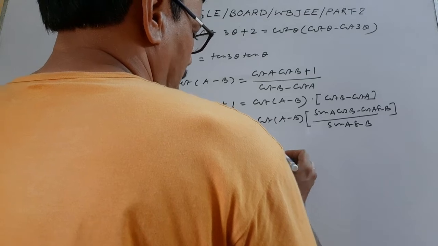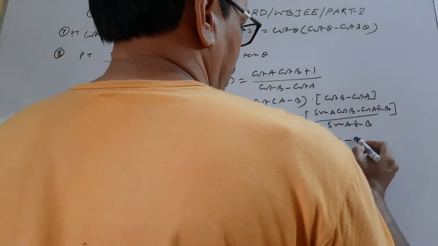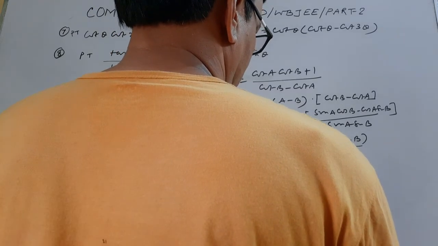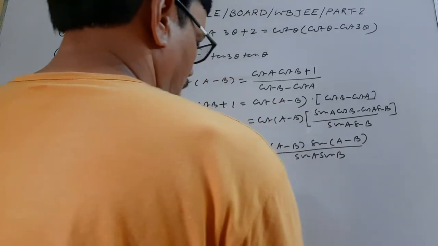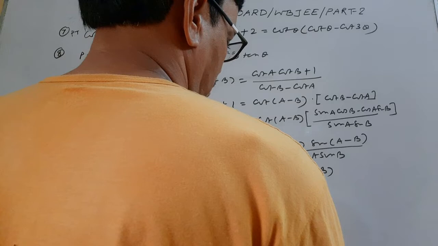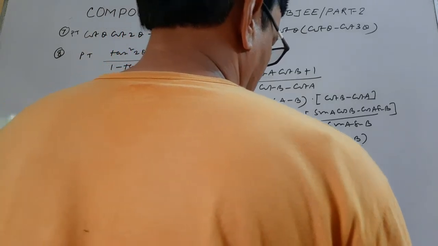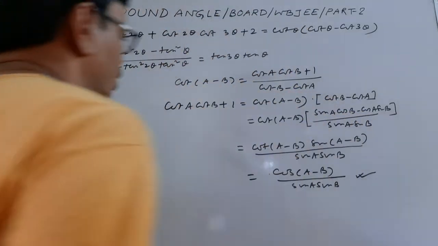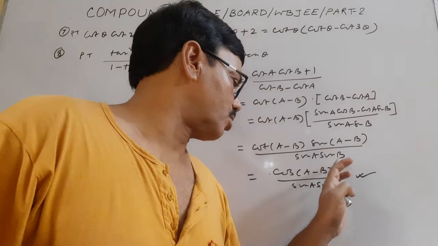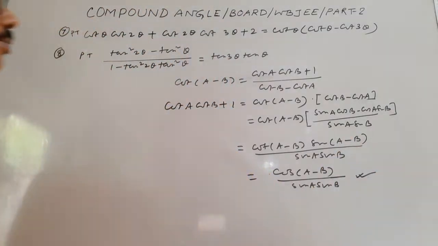So cot(A minus B), this is the sin(A minus B) formula over sin A sin B. So finally we are getting cos(A minus B) by sin A sin B. So we are getting a result: cot A cot B plus 1 equals cos(A minus B) by sin A sin B.